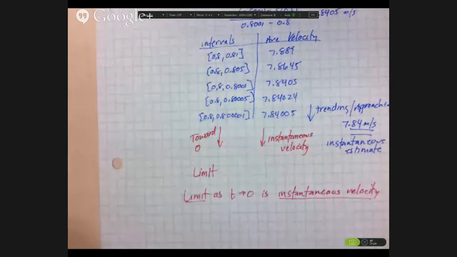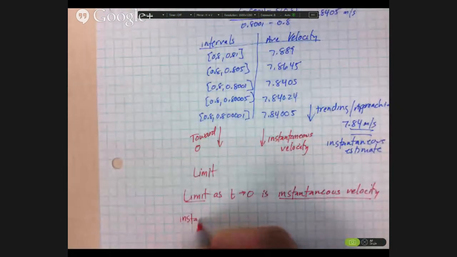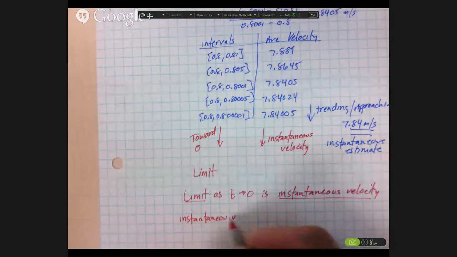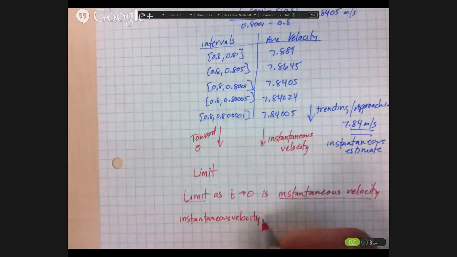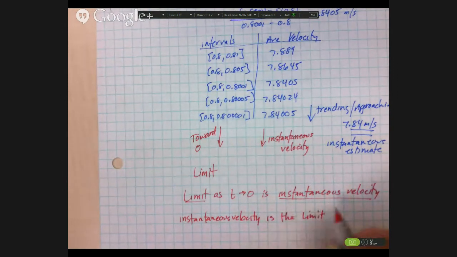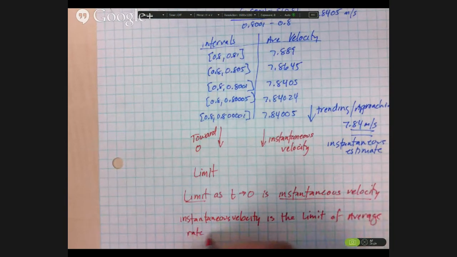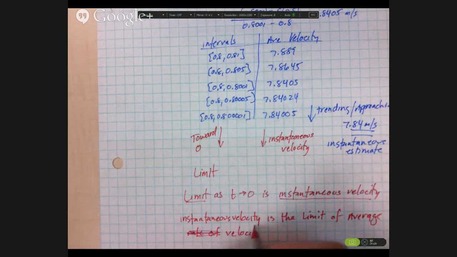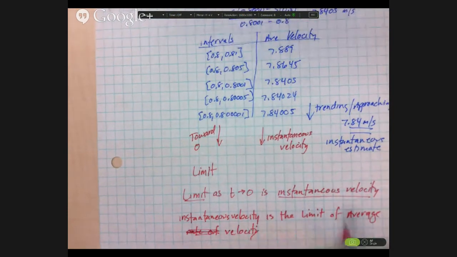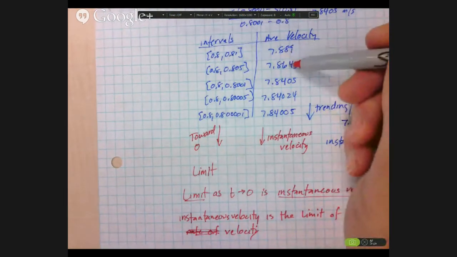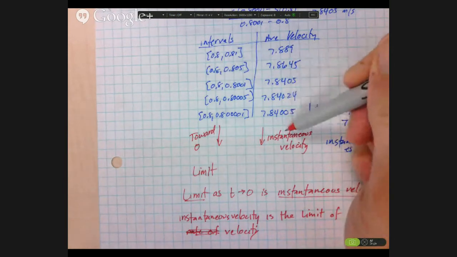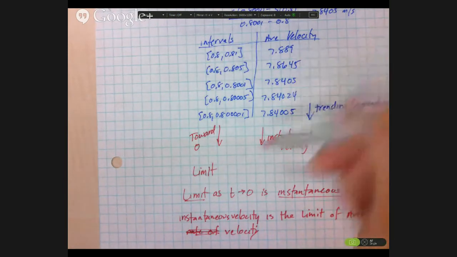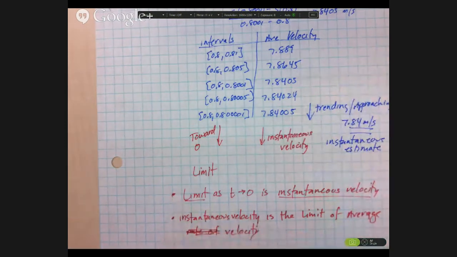Another way to say it is the instantaneous velocity is the limit of the average velocity. Basically we're taking the average velocities, and wherever they end is our limit. So a couple different ways to say it.